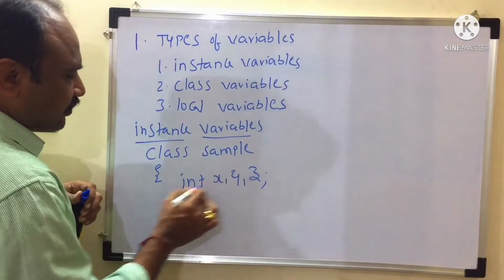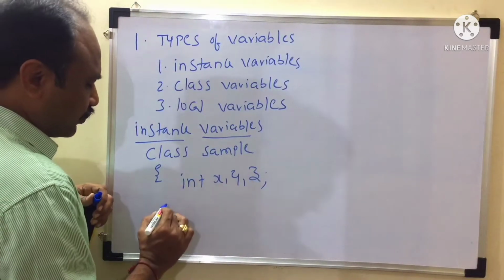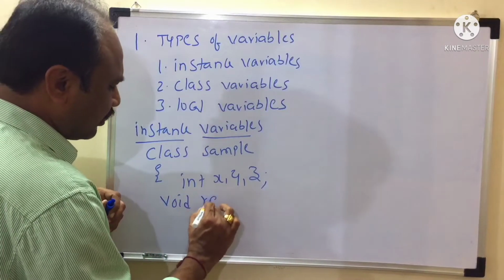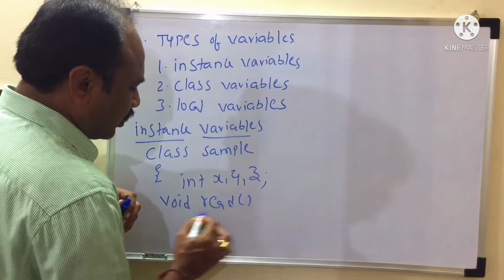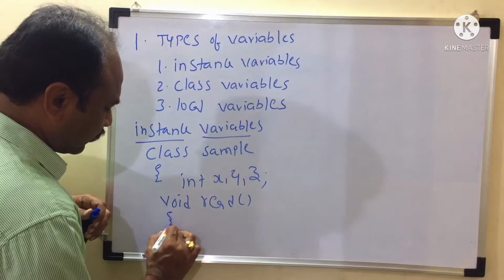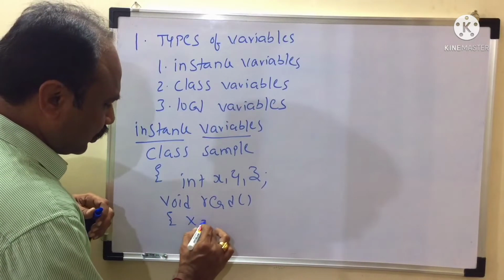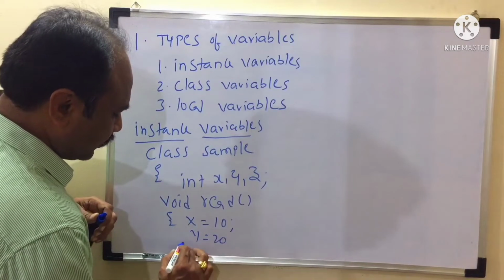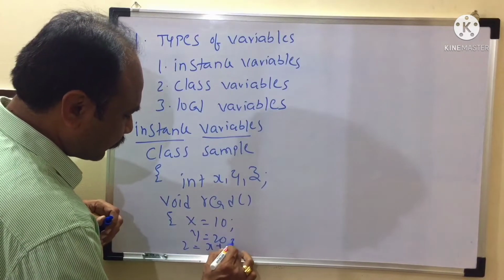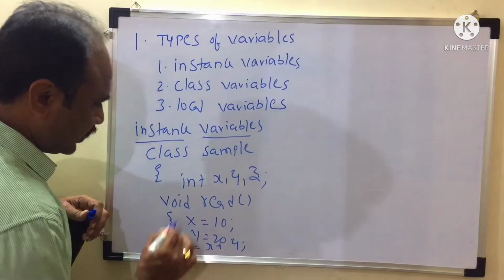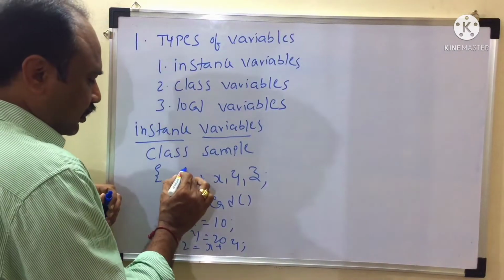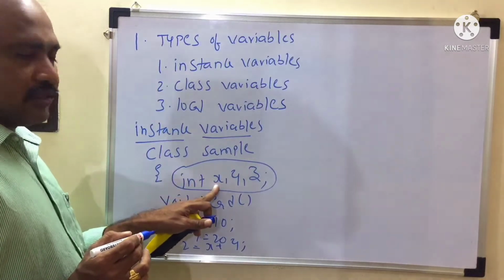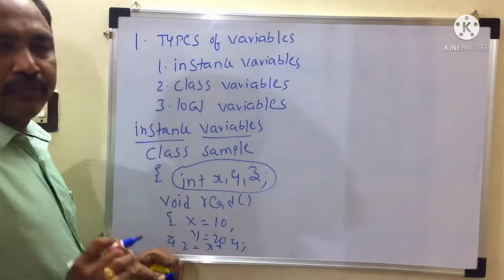To access these variables, we prefer methods like void read or void get. It will take x value 10, y value 20, z equal to x plus y. In this class, whatever variables I declared here are referred to as instance variables.